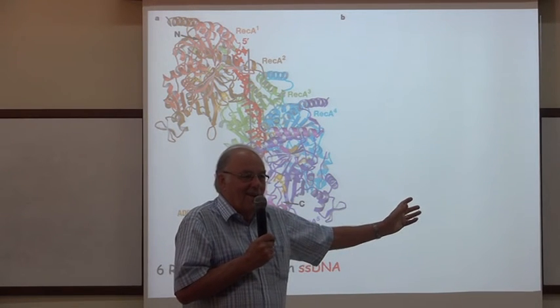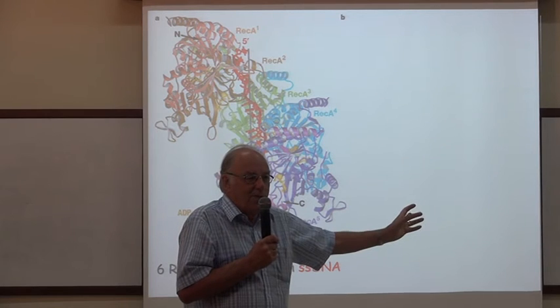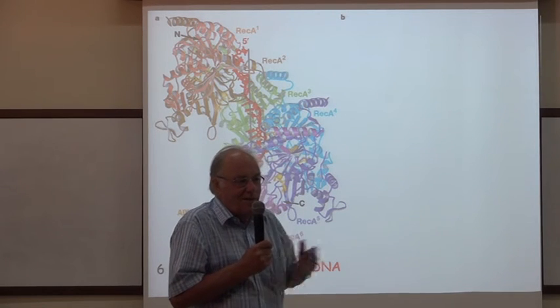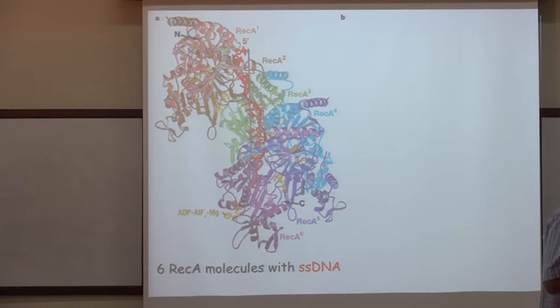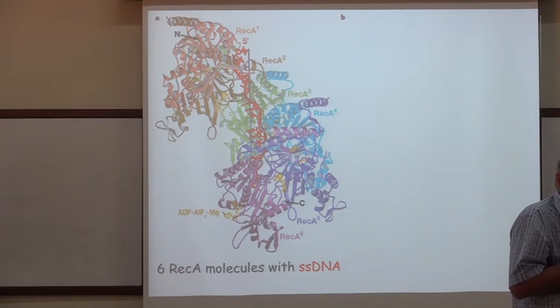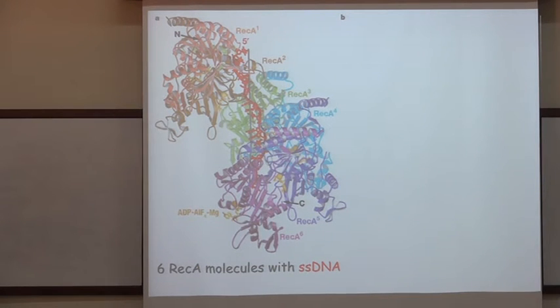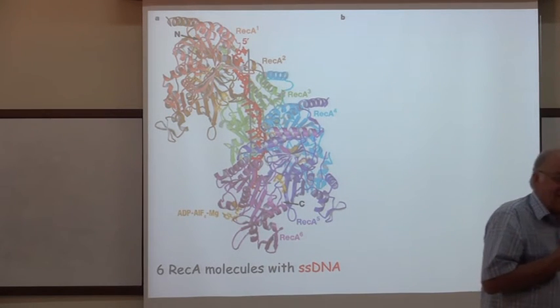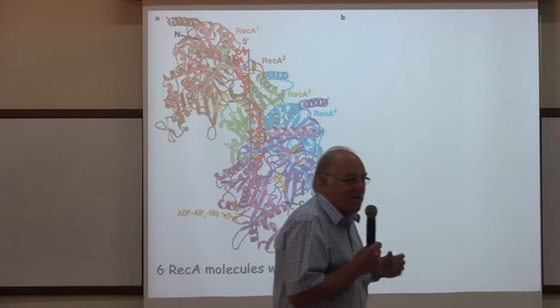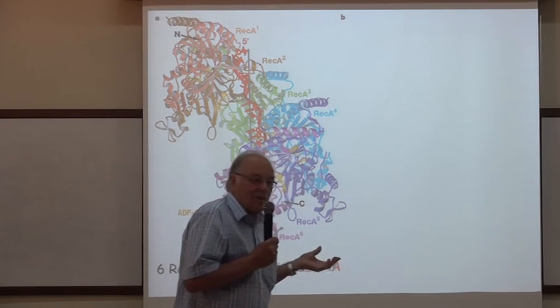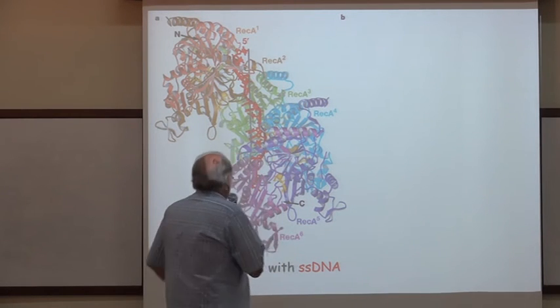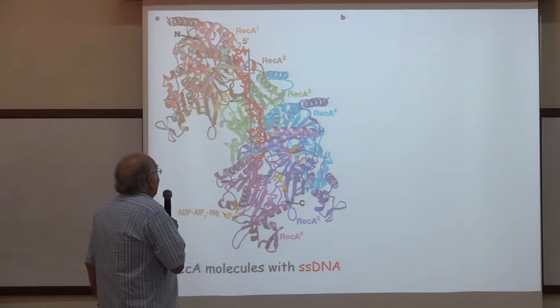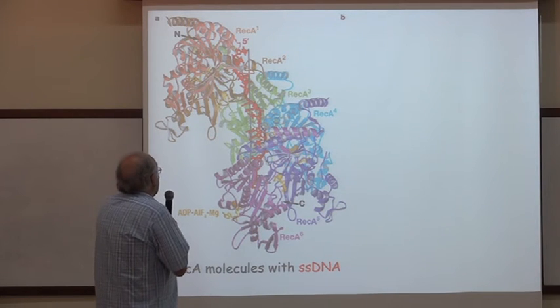So instead of having monomers, they made a long protein which contained 6 monomers, and the linker between them allowed them to be flexible and find the proper way to interact with the DNA and with each other. And then they could crystallize the whole thing and determine the structure of the whole complex with the DNA. So this is a very elegant set of experiments.